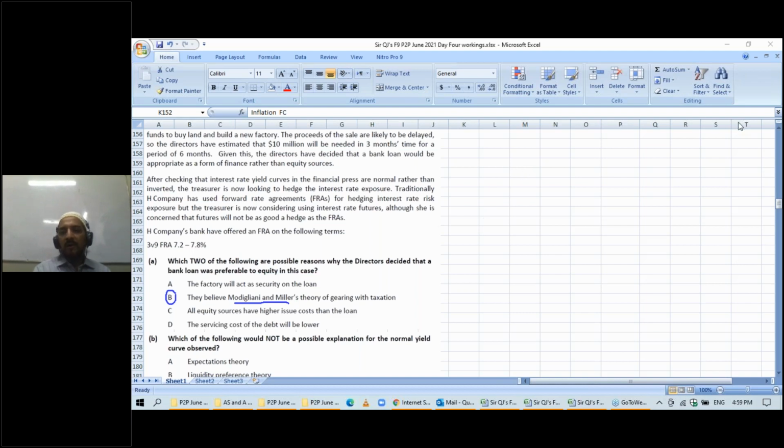So according to Modigliani and Miller, if the company borrows funds, the company will pay interest, and it can deduct that interest from taxable income and save some tax.